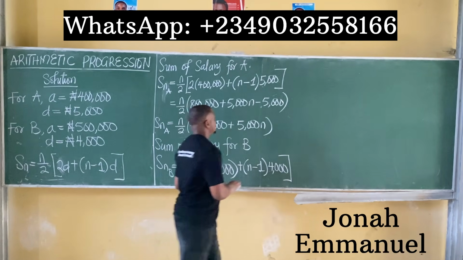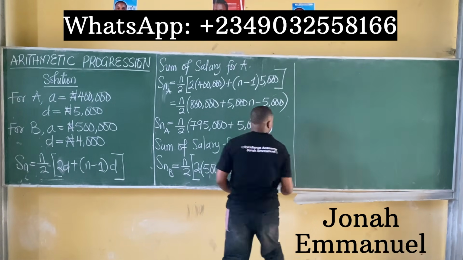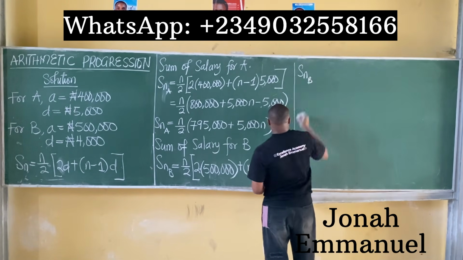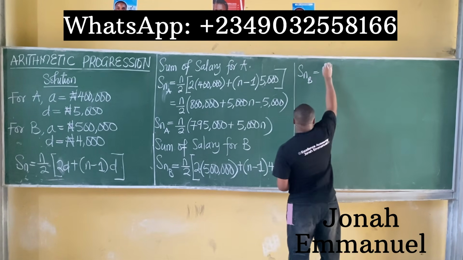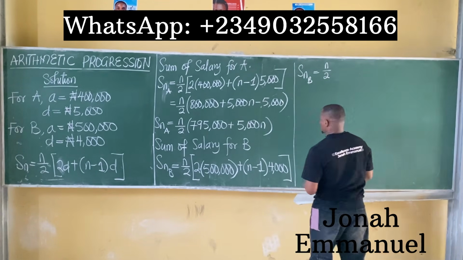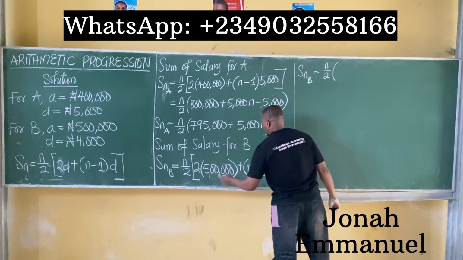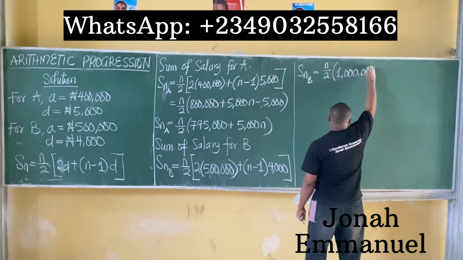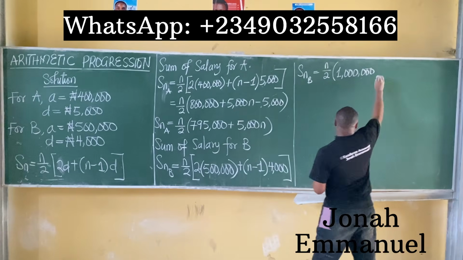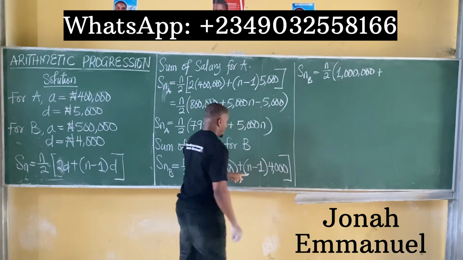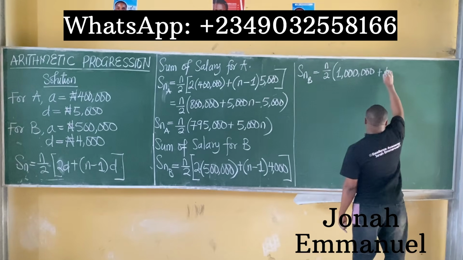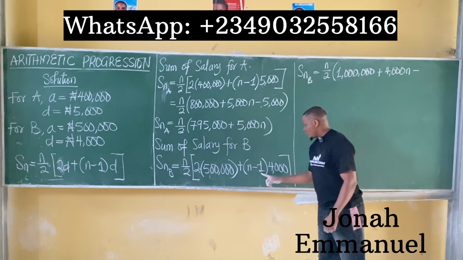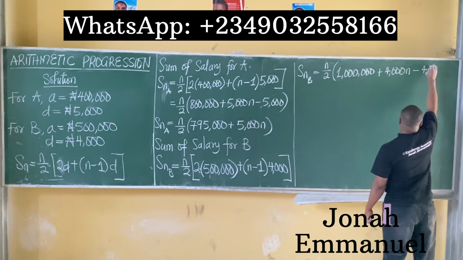Let's expand further. The sum of the salary for B is equal to n over 2 into 2 times 500,000, which gives you 1 million naira, plus n times 4,000, which is 4,000n, minus 1 times 4,000, which is 4,000.